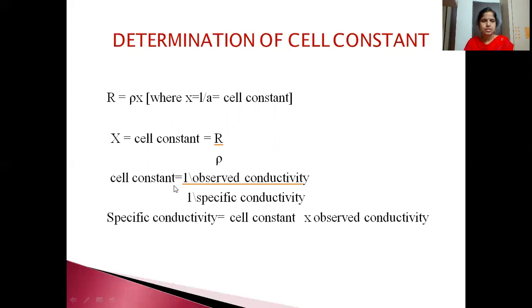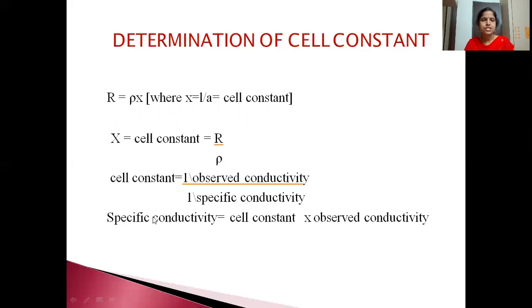Then cell constant is equal to R, which is nothing but the resistance. And if you want conductivity, it is nothing but the reciprocal of resistance. So R is 1 by observed conductivity, and 1 by rho is the specific conductivity.